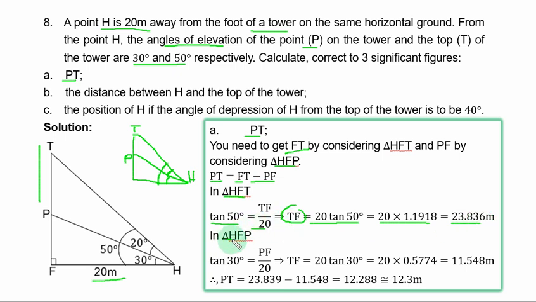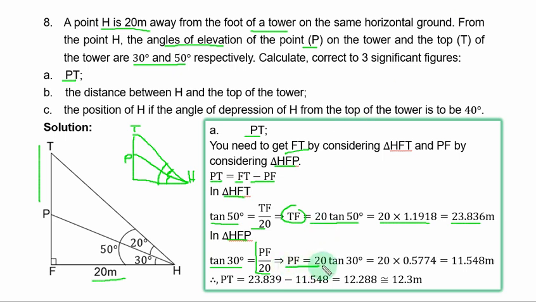In triangle HFP, we want to get PF now, so we are using angle 30 degrees, the same target. PF is opposite, adjacent is HF. So tan 30 degrees is equal to PF over 20.